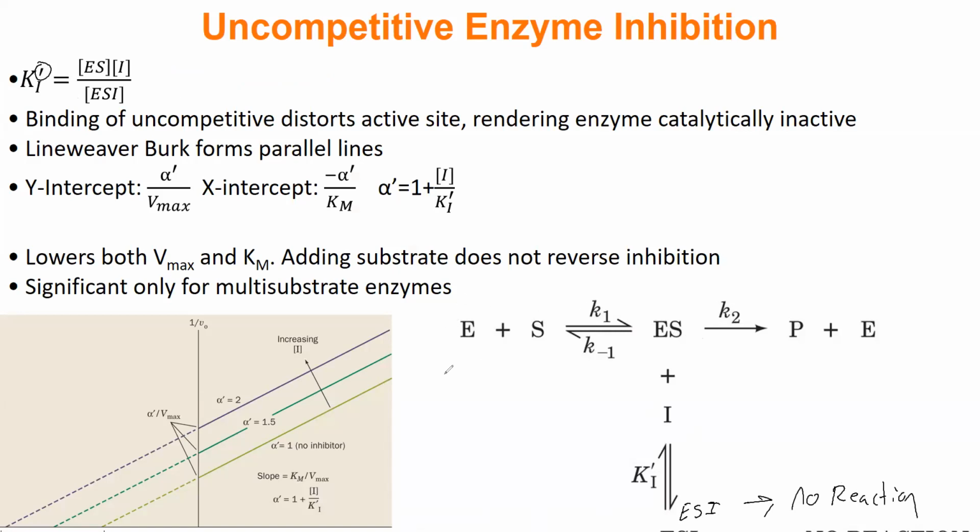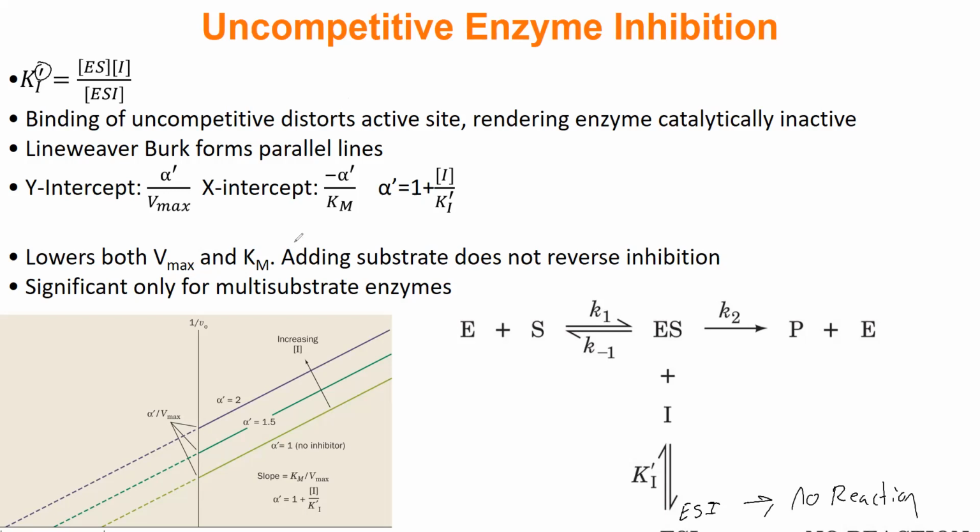So competitive bound to free enzyme, this binds to complex. Once you're bound to complex, you have a dead enzyme. And what this does is that it lowers Vmax, but it also lowers Km, which is interesting. But just remember for uncompetitive, you lower both Vmax and Km.